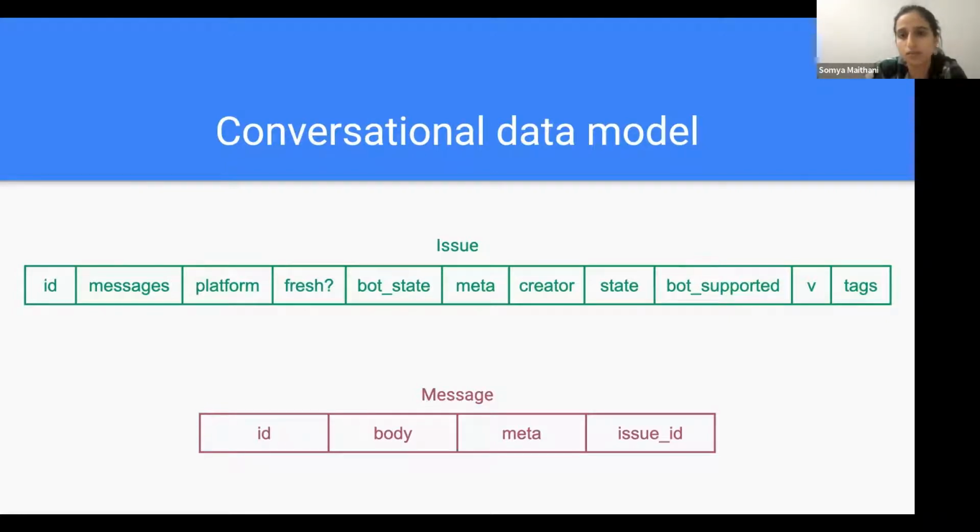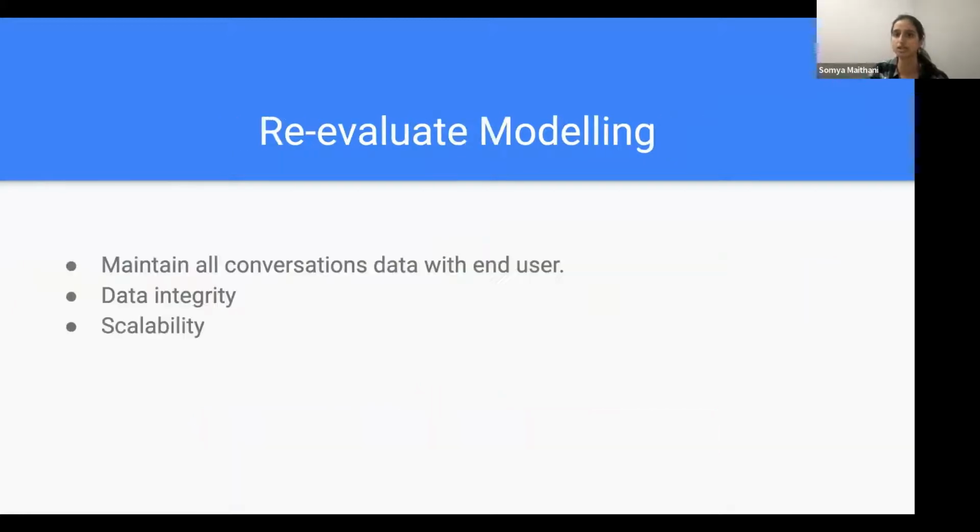Why did we decide to go with SQL? Because our scale increased and we encountered quite a few problems with the data models that we had. We started reevaluating our model and deciding what we need going ahead. First, we need to maintain all the conversation data with an end user in one place.